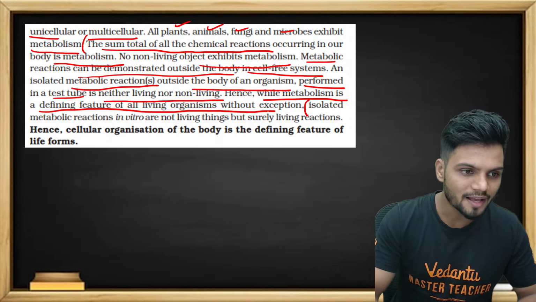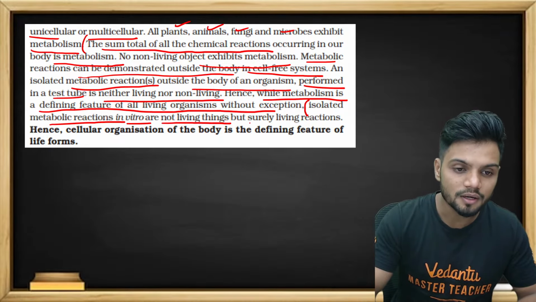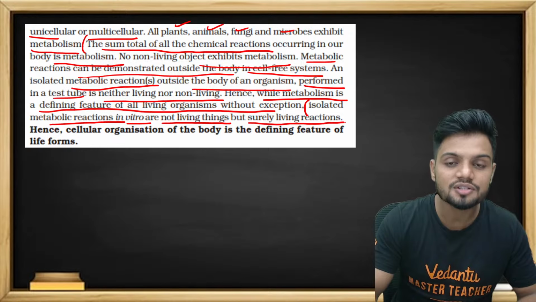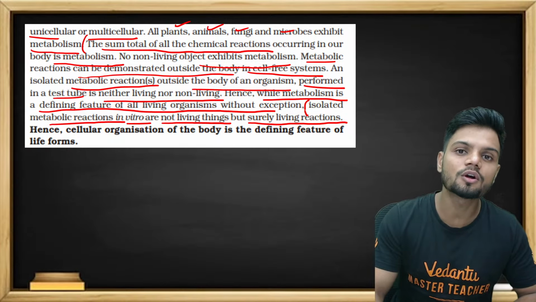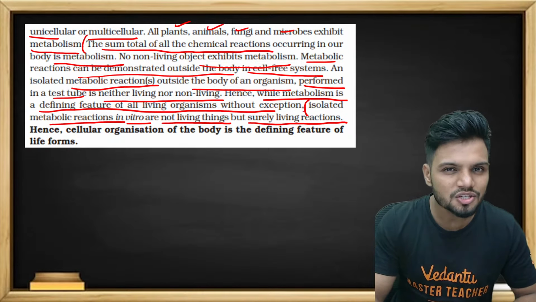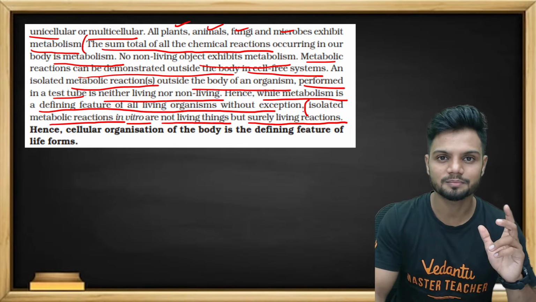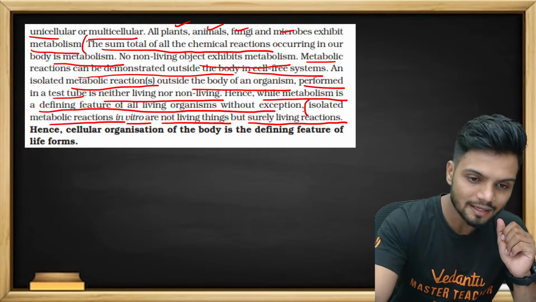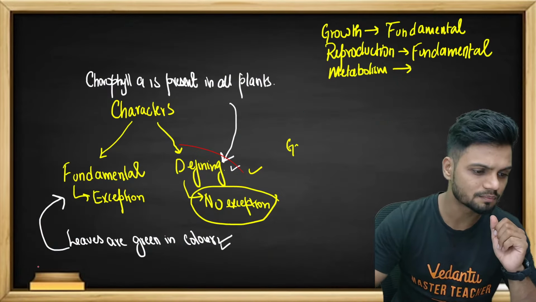Why? Because isolated metabolic reactions which are happening in vitro are not living things but surely living reactions. Yes, the test tube is non-living. The chemicals which are used are non-living. But the metabolic reaction is a living reaction. So that is why, students, there are no exceptions when it comes to metabolism.